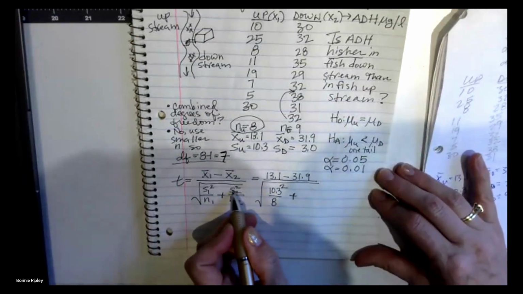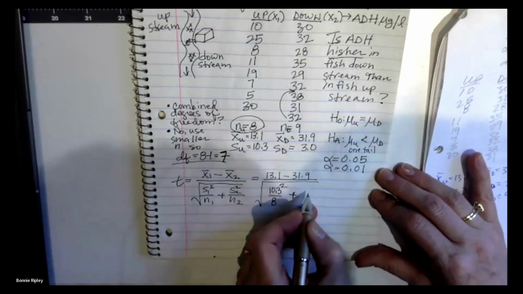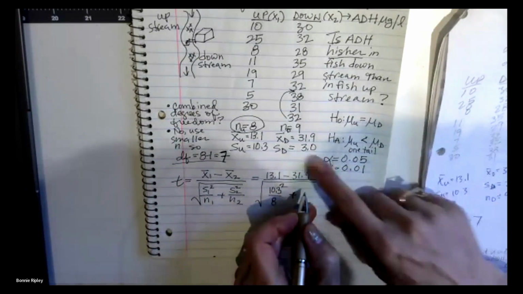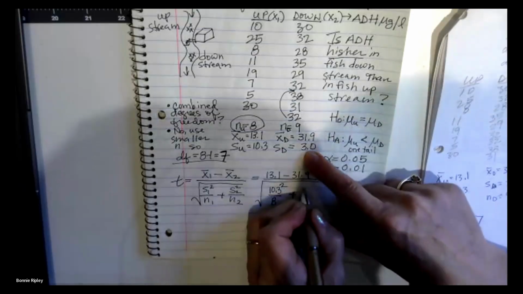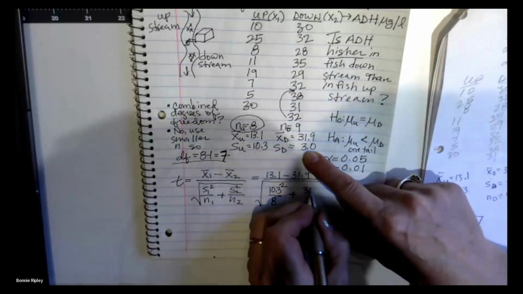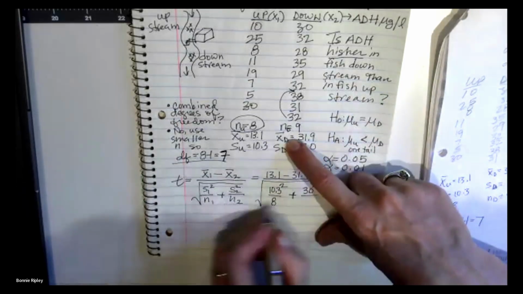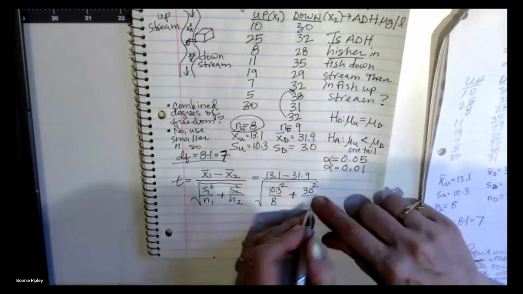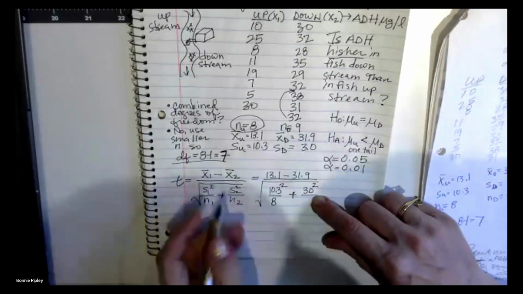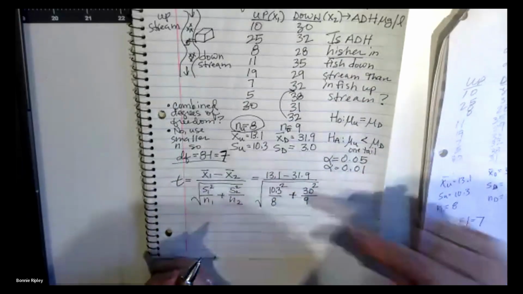All right, so we need to put our standard deviation for our second sample in here. This one's 3.0. We're going to square that, and then we're going to write its sample size underneath, which is 9.